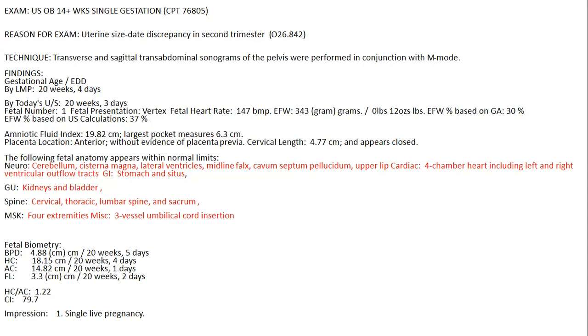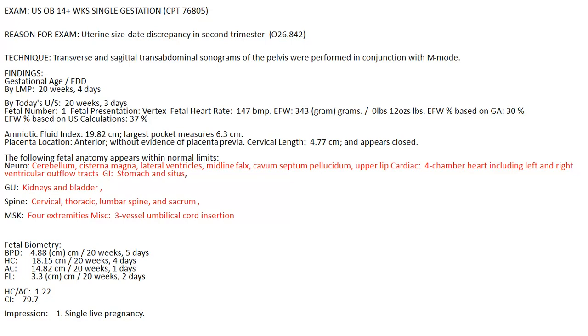So this is our sample report coded. CPT code 76805. Here you can see I highlighted all these elements which are documented in the medical report. For neuro, everything is documented, like four-chamber anatomy, GI structures, gastrointestinal, spinal, four extremities, everything is documented for coding CPT code 76805.